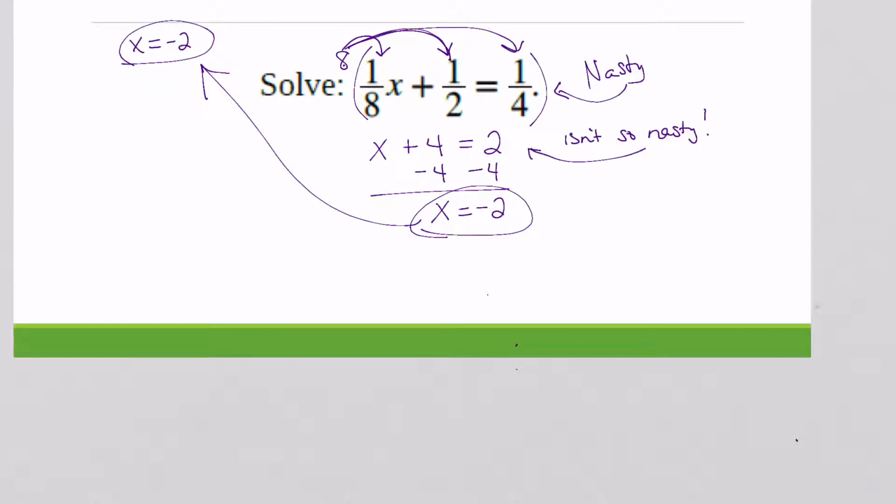Okay, so now can you still check your work? Absolutely. Still go back to the original problem though. So you would have 1/8 times -2 plus 1/2. Does that equal 1/4? So 1/8 times -2 is the same thing as -2 over 8.